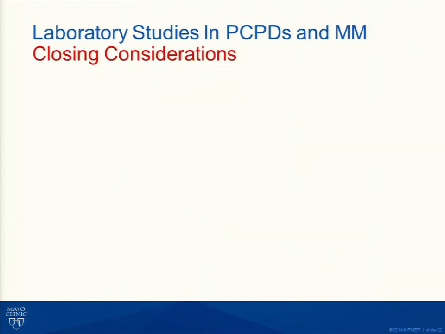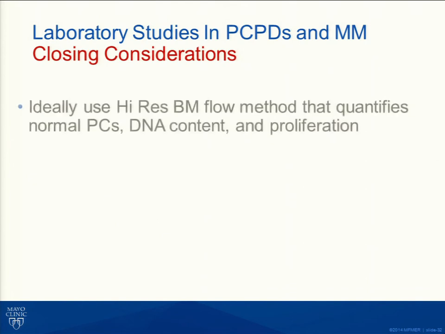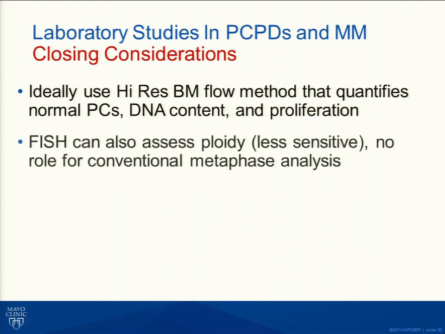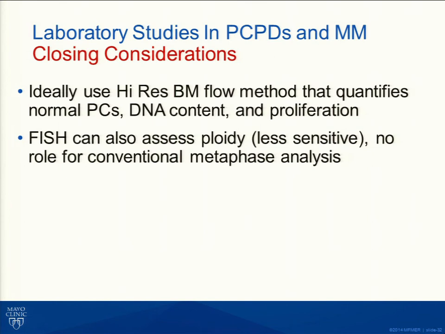So some closing considerations then. Ideally, use high-resolution bone marrow flow cytometry. It's great if it quantifies DNA content and proliferation. I don't think that is really as necessary as just the fact that it really should be highly sensitive. You can use FISH to assess ploidy.